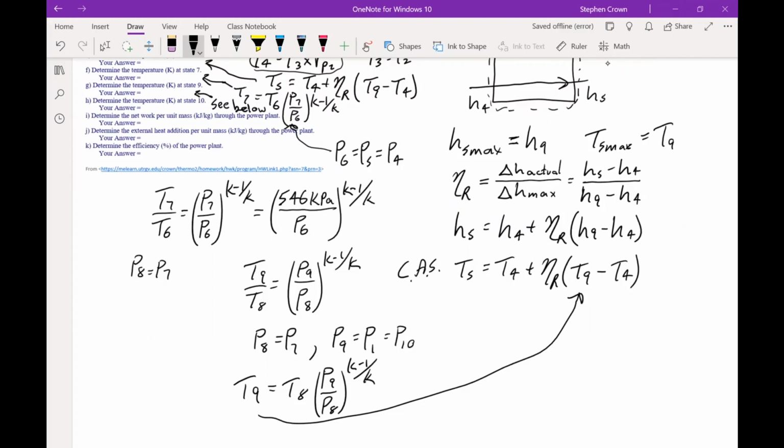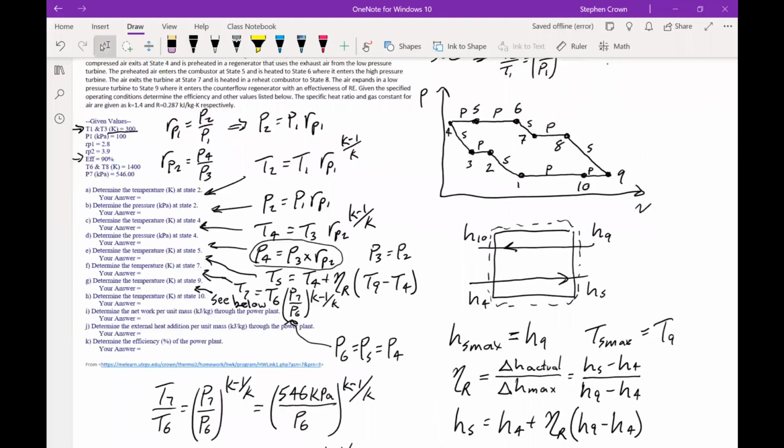Now to find the net work through the power plant, it will be all the compressor work plus all the turbine work, depending on the sign we use. If we make our compressors calculate as negative values, then we add them. If we make them as positive values, we subtract the compressor work. So the net work.